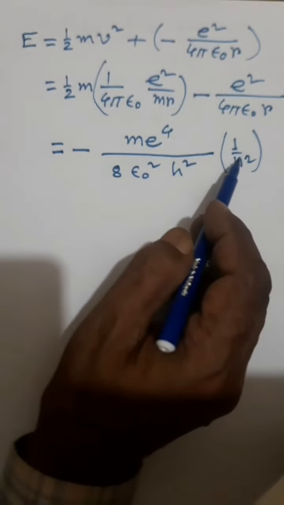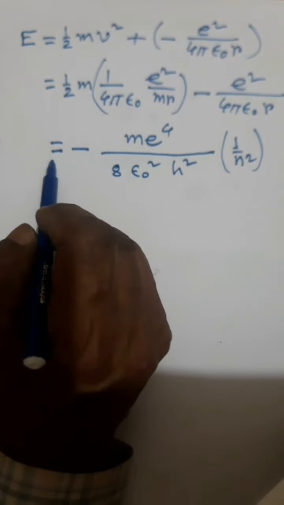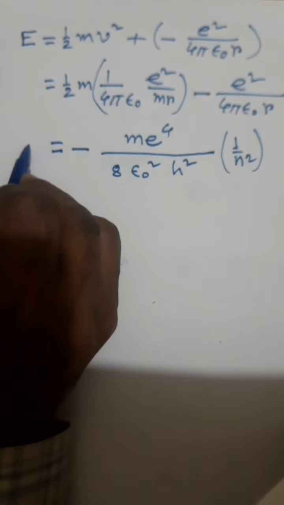This is the energy of the electron in nth orbit. Therefore, it is En.